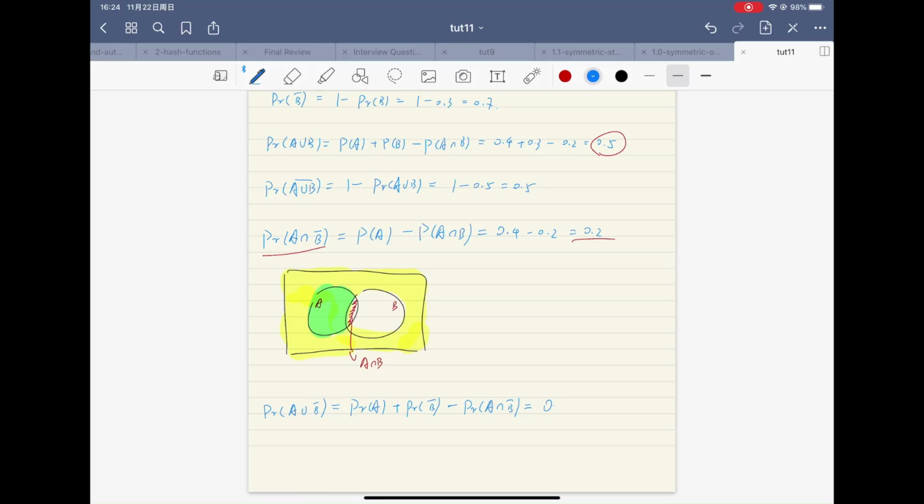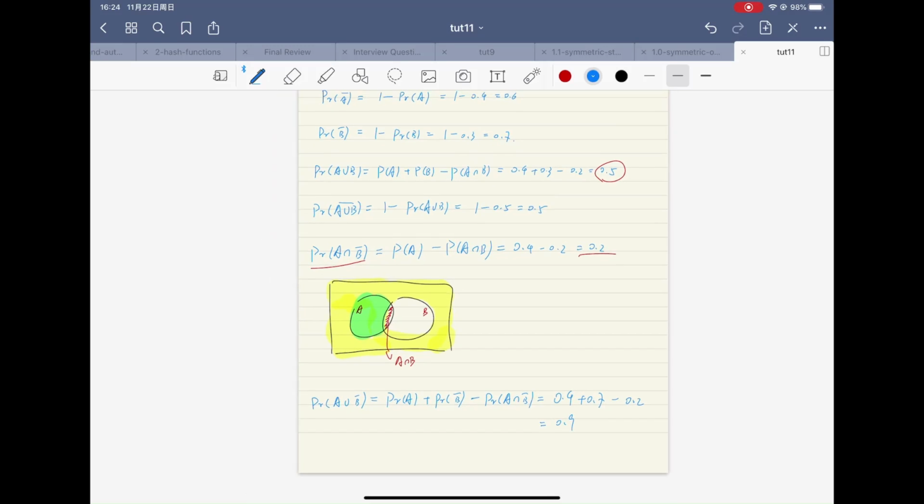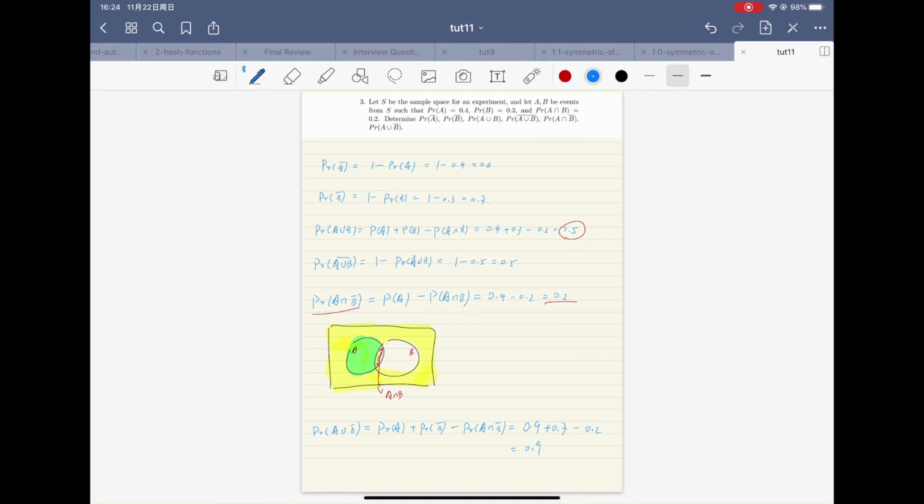So we have 0.4 plus 0.7 minus 0.2. That will be 0.9. Yep. And it's just by the property of conditional probability. Yeah, that's question 3.